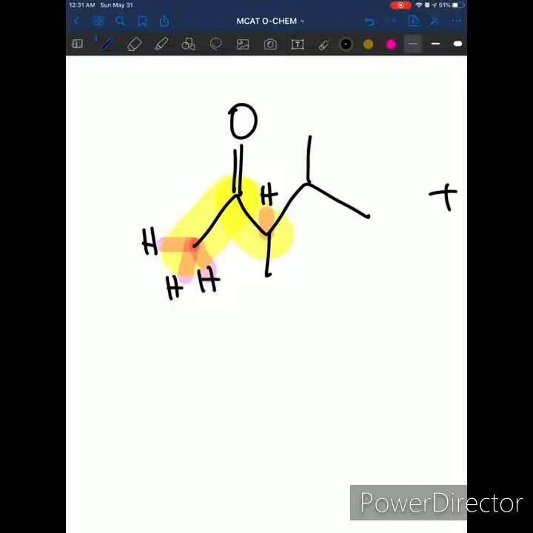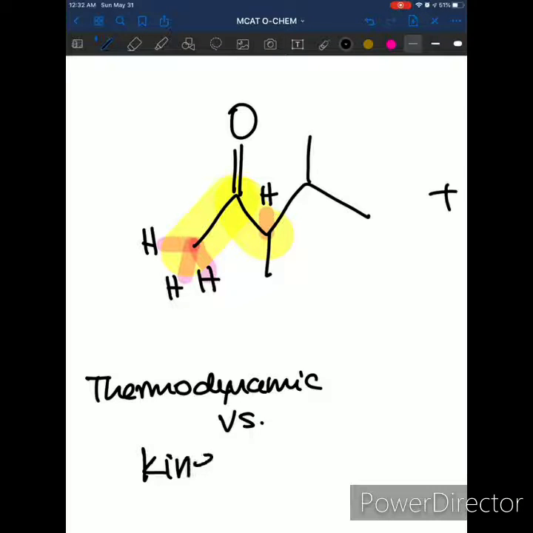And now the question becomes, which hydrogen is the most acidic, and which one will the base pull off when the base attacks? So this actually brings up a really important concept, which is something that's known as a thermodynamic versus kinetic product.